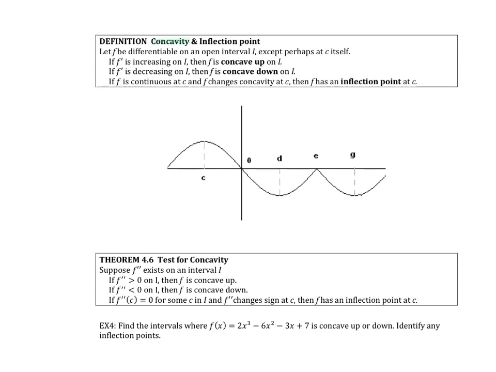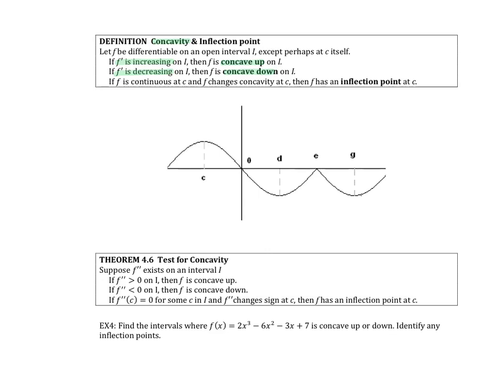So when we talk about concavity, whether a graph is concave up or down, if the first derivative is increasing, now this doesn't say the first derivative is positive, it just says, is the first derivative getting larger and larger? Then it's concave up. If the first derivative is decreasing, if the first derivative is getting smaller and smaller, then we have concave down.